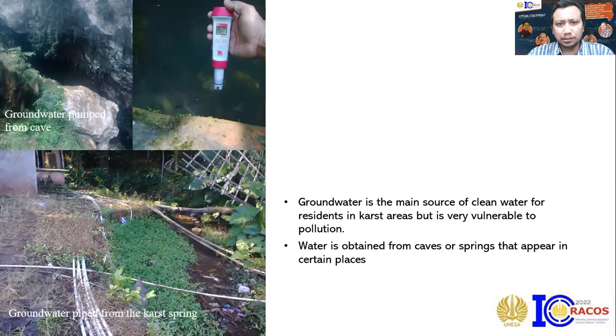The background of the research is that groundwater is the main source of clean water for residents in karst areas, but it is very vulnerable to pollution or contamination. Water is obtained from caves or springs that appear in certain places.